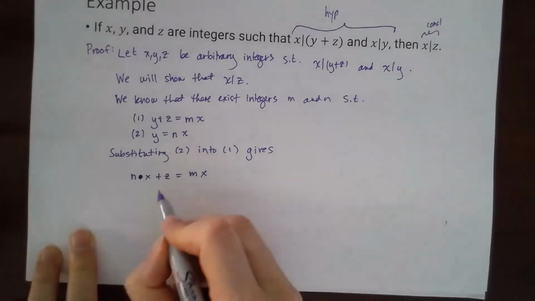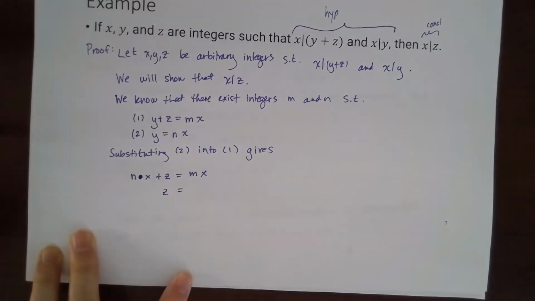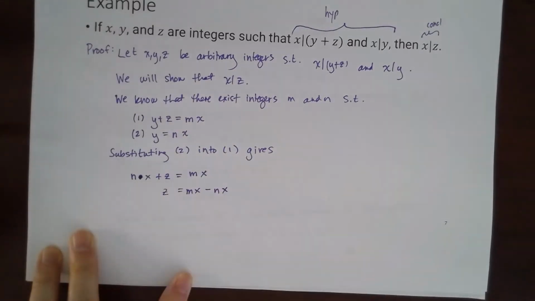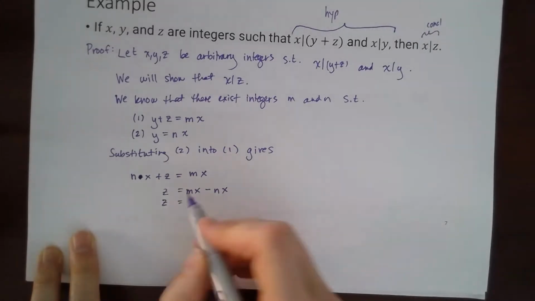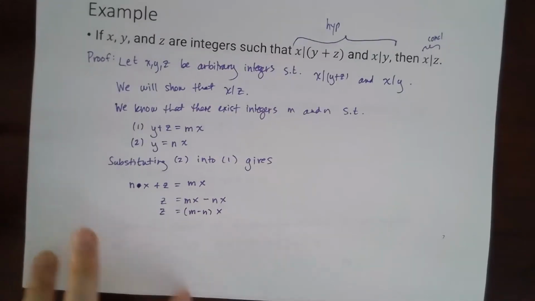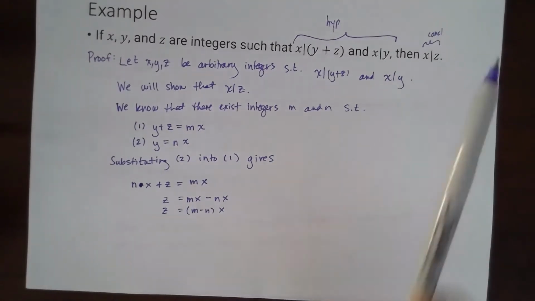Yeah, so n times x plus z equals mx. Okay, and so then if we isolate z and move everything over to the other side, I'll have mx minus nx. And then if I factor out the x, I'll have m minus n times x. Now this is good because what we were hoping to show is that x divides z.